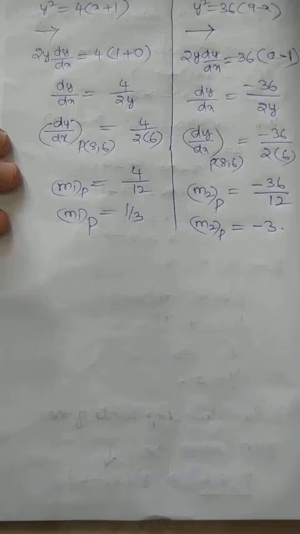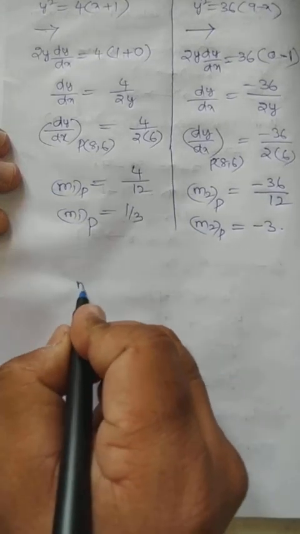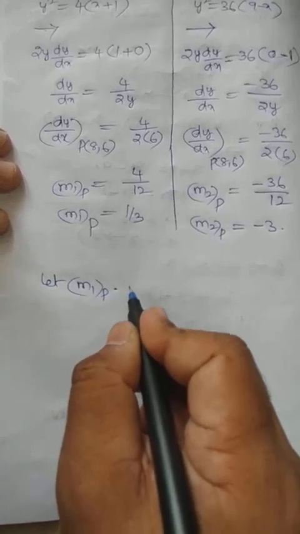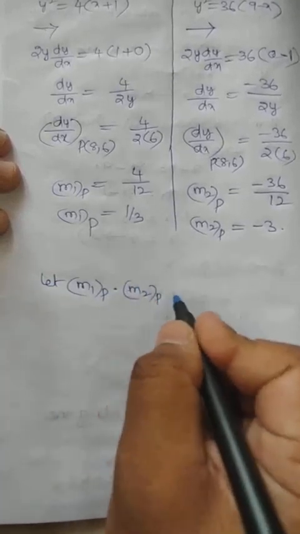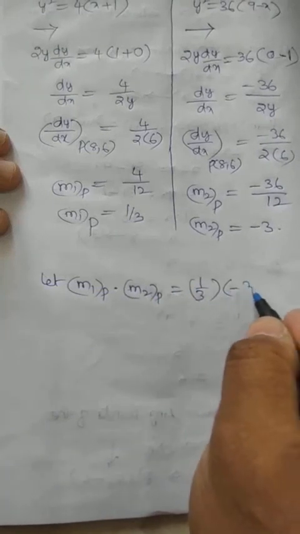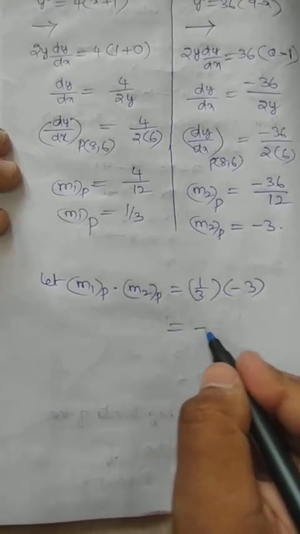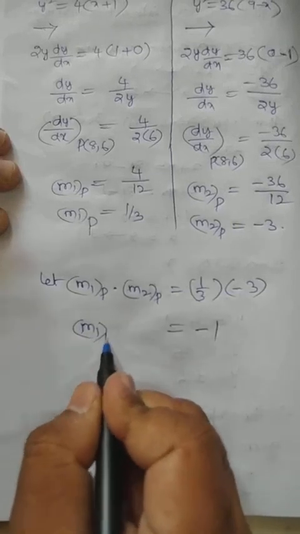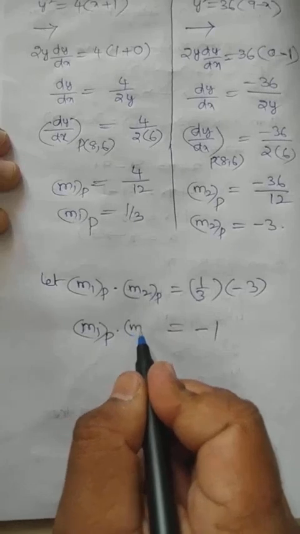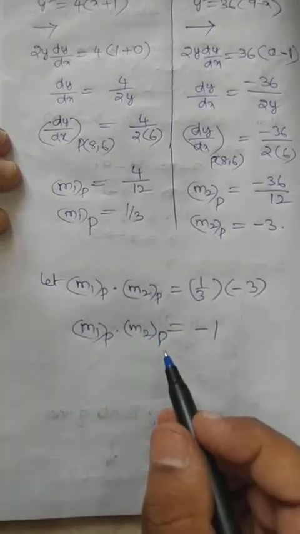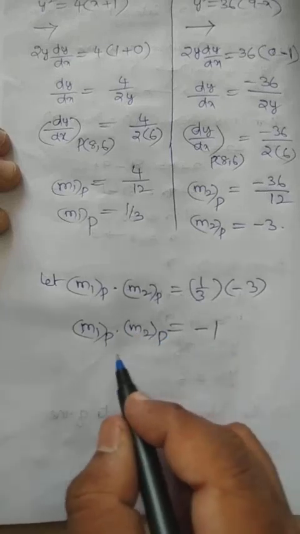So let us take the product of these two tangent line slopes, m1 at P into m2 at P. m1 at P is 1 by 3 and m2 at P is minus 3. So the 3 gets cancelled, and I get minus 1. So the product of the tangent line slopes of the given curves at the point P is minus 1.